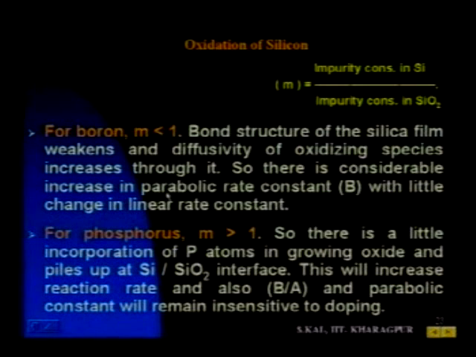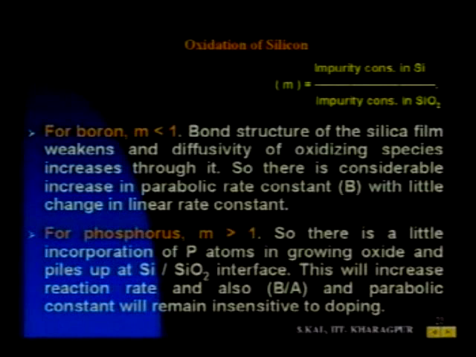That means in case of boron, the parabolic rate constant B changes. In case of phosphorus, the linear rate constant B by A changes. Because of these two, the effect of phosphorus and boron dopants is different. One affects the B, another affects B by A. So, the growth rate change or growth behavior is different in case of phosphorus than in boron. So, that is the reason.